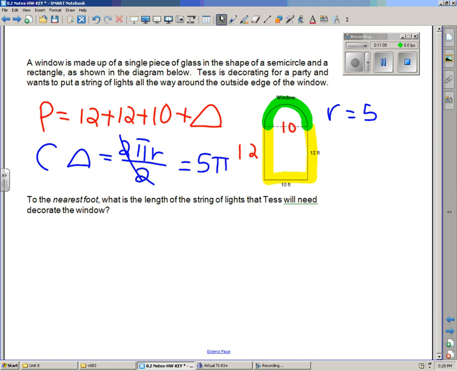So what we need in terms of the total feet of string is 10 plus 12 plus 12, so the perimeter happens to be 34 plus 5 pi. So let's see how much that is. Let's go back to the calculator.